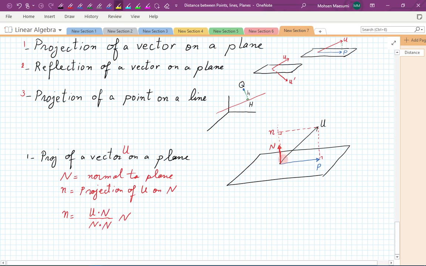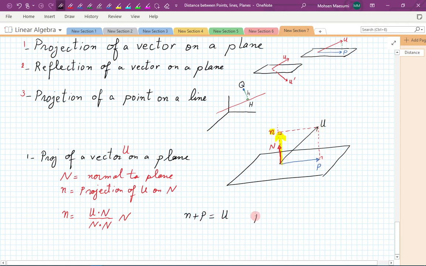So this is vector n. Well, how can I get vector p? Notice that n plus p is the vector u. If I take the vector n, add p to it, I get u.